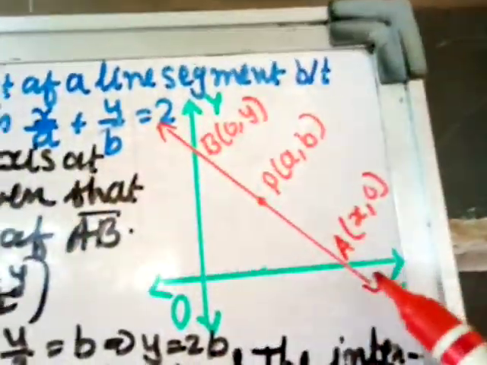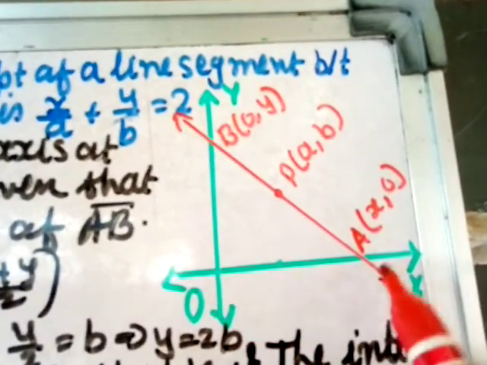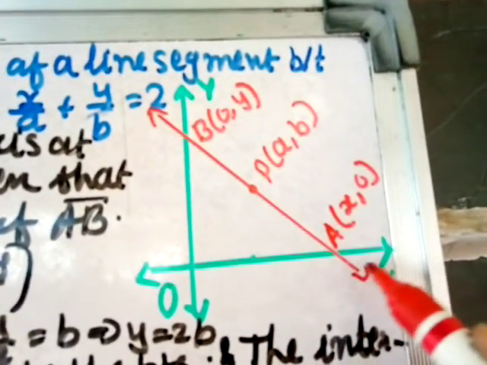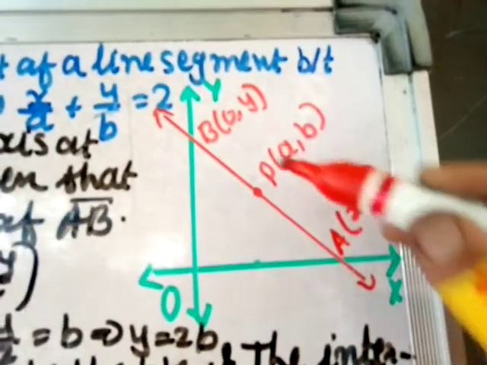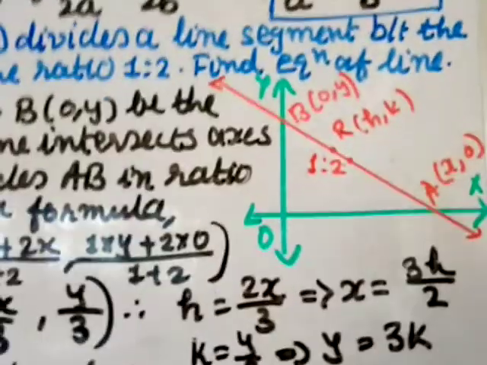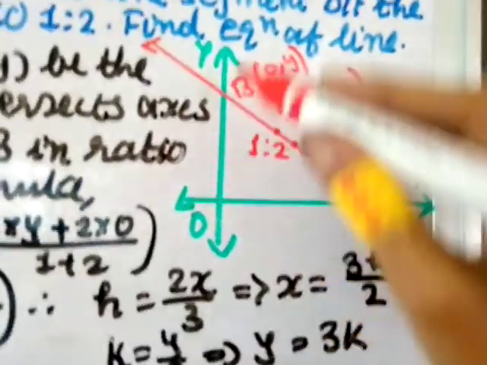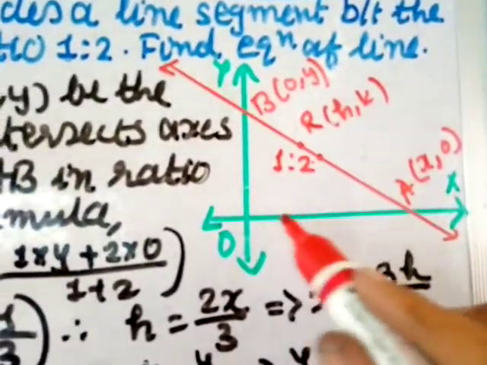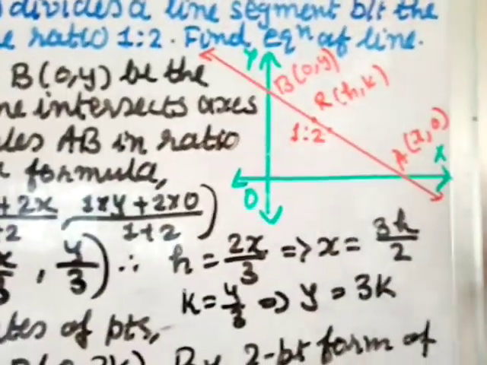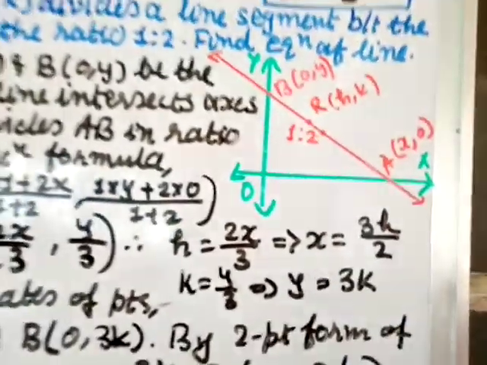And as I said before, the line which is intersecting the x-axis at (x, 0) and the y-axis at (0, y). In the same way, I am taking here that the line is intersecting the x-axis at A, (x, 0), and the y-axis at (0, y). This distance is y, this distance is x. This is the intercept on x and this is the intercept on y.